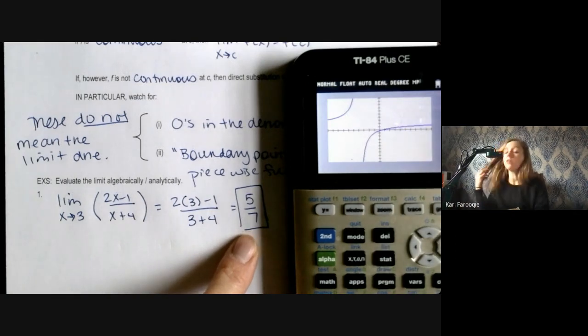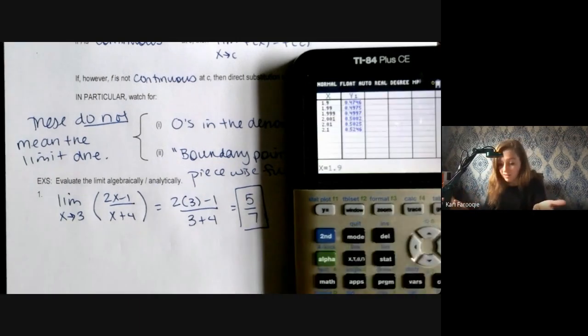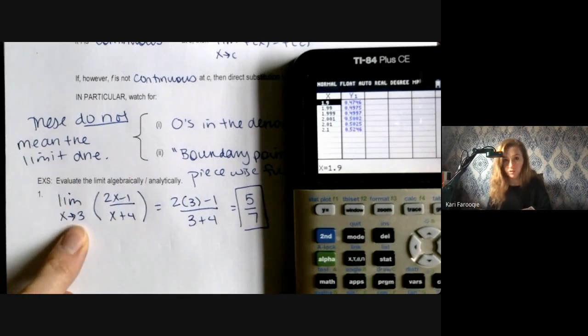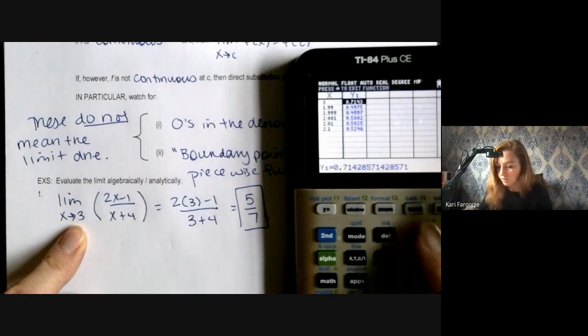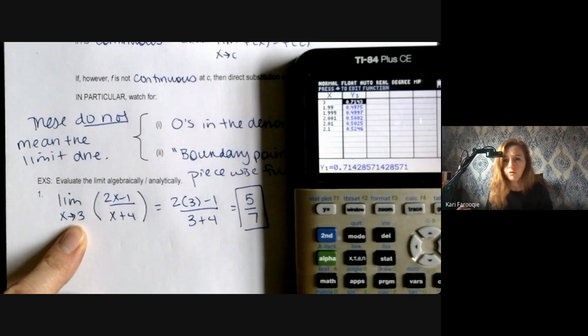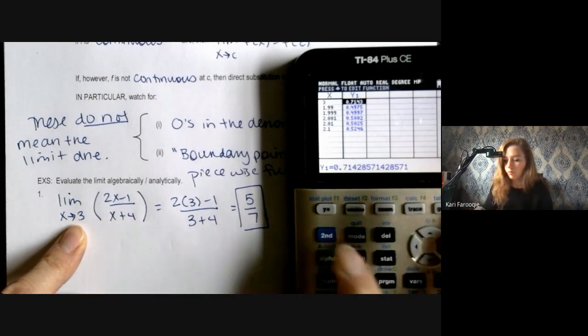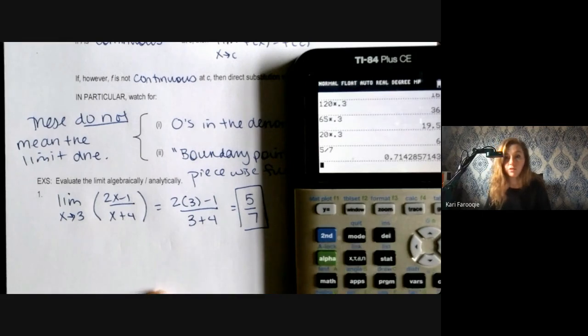You could always check that too in the table. Because we did direct substitution, that's basically just like looking at the table. So I can look at what happens when x equals 3 and notice that I get a value, and you can hover over it and get a longer decimal, by the way, 0.714285. Well, that is the same decimal value as 5/7.